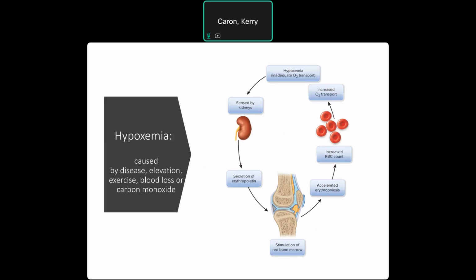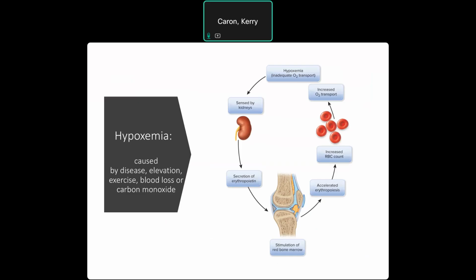Hypoxemia. What does hypoxemia mean? Well, hypo, low, oxy, oxygen, emia, blood: low blood oxygen. This is caused by disease, elevation, exercise, blood loss, or carbon monoxide. So what happens here is there's hypoxemia, not enough oxygen for whatever reason. This is sensed by the kidneys.